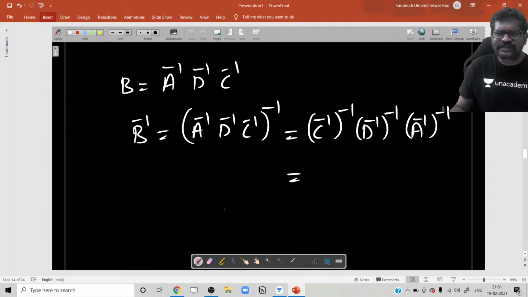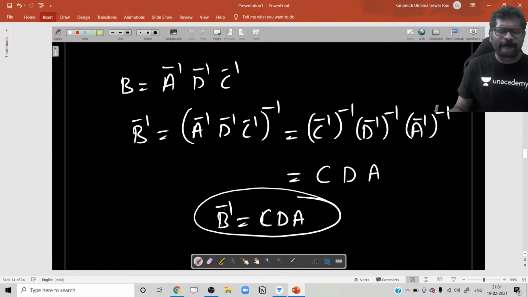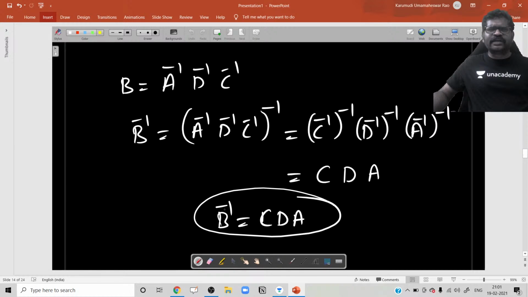C inverse whole inverse is C, D inverse whole inverse is D, A inverse whole inverse is A. Therefore, B inverse is C D A. The value of B inverse is C D A.